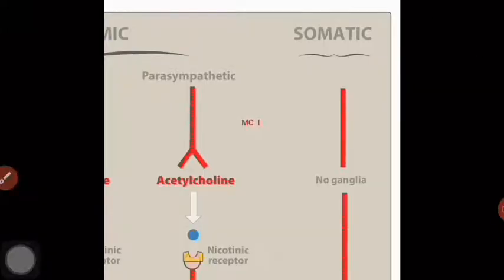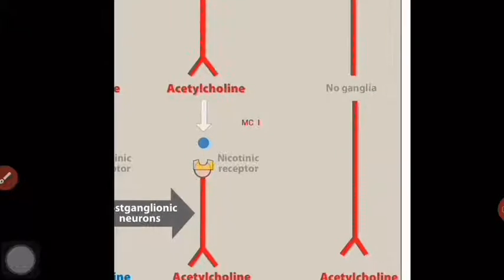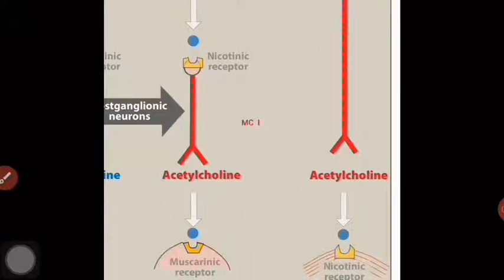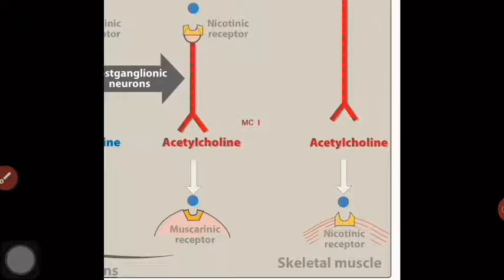This acetylcholine is a neurotransmitter in parasympathetic nerve endings and somatic nerves. So, it acts on the muscarinic receptor and the nicotinic receptor present in the skeletal muscle.